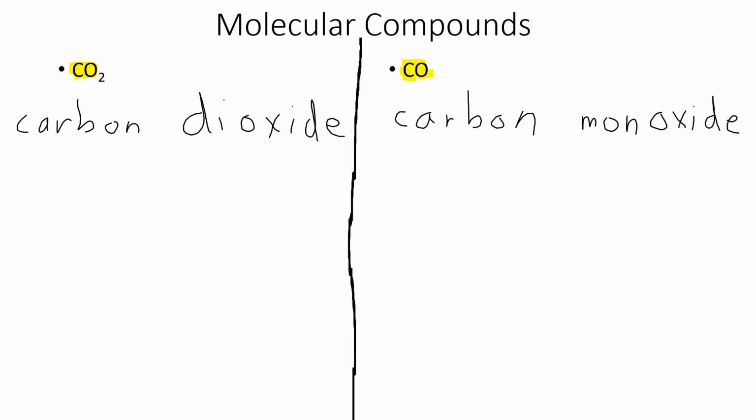So we now have a way of differentiating it. And we have that way because of that third rule, that always rule. That rule that says you will always use a prefix to describe how many of that second element you have present.